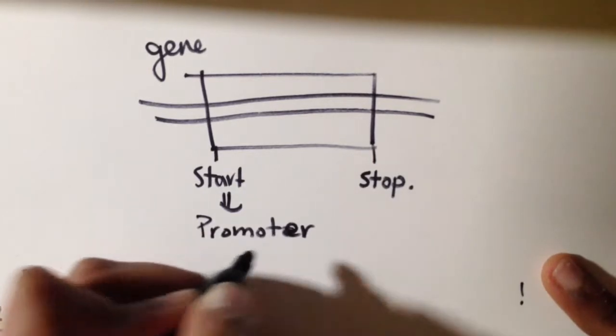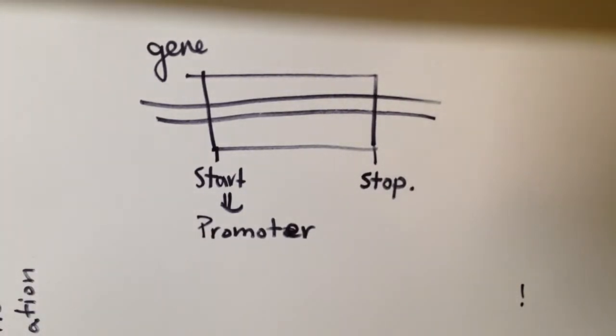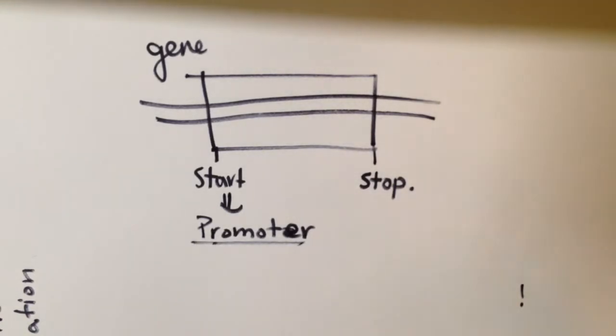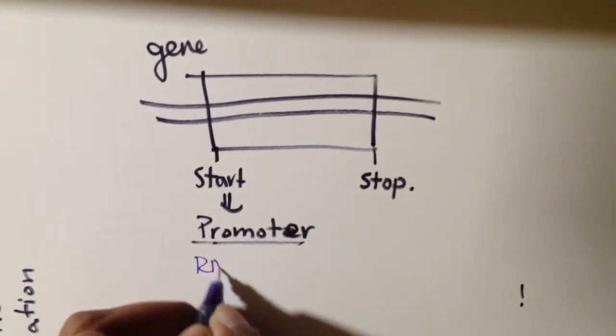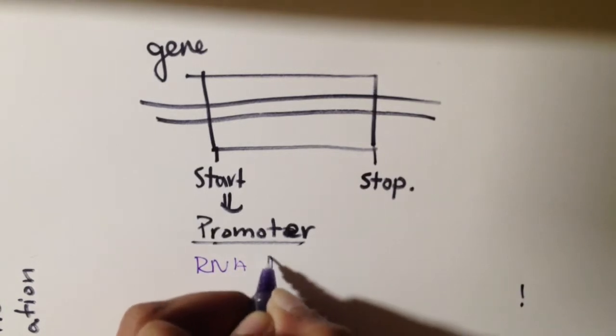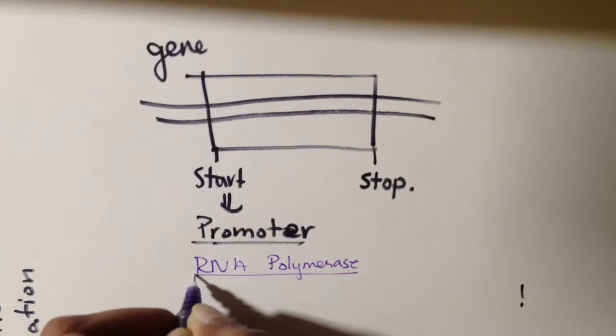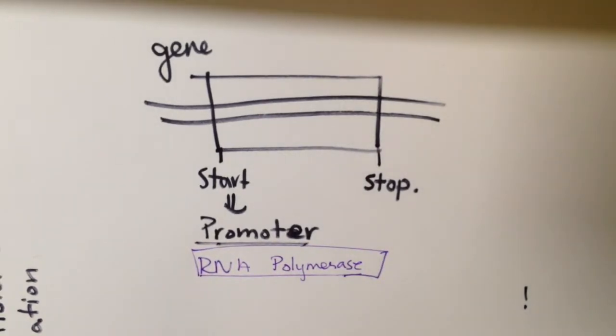And basically, what this promoter does is it attracts an enzyme called RNA polymerase. So this enzyme, RNA polymerase, is very essential to transcription.